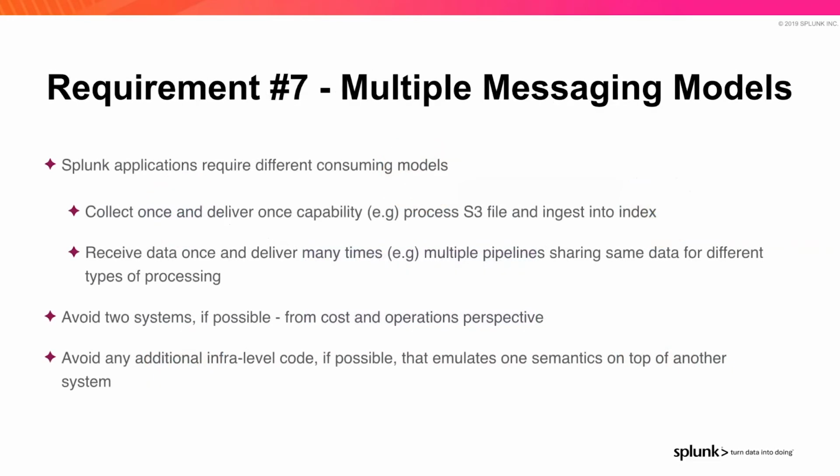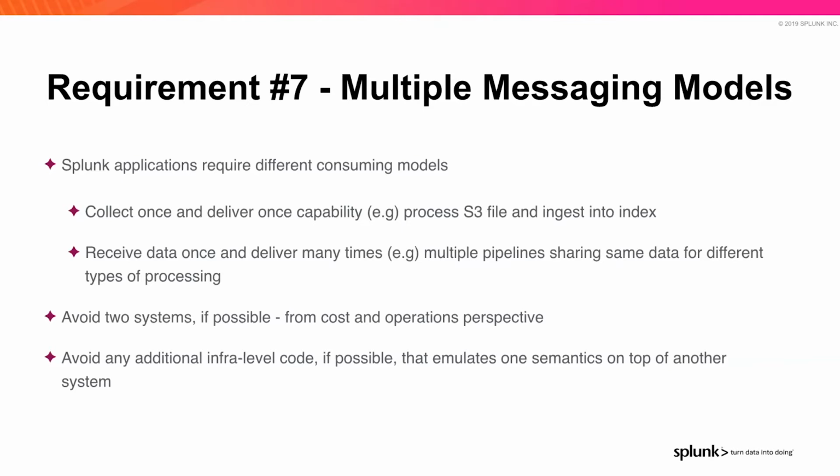Then requirement 7, multiple messaging models. Some applications require collect once and deliver once capability, an example being processing an S3 file that is queued into the messaging system and ingested into a Splunk index. Others receive data once and deliver it multiple times, which is essentially multiple pipelines coming in and sharing the same data for different types of processing.